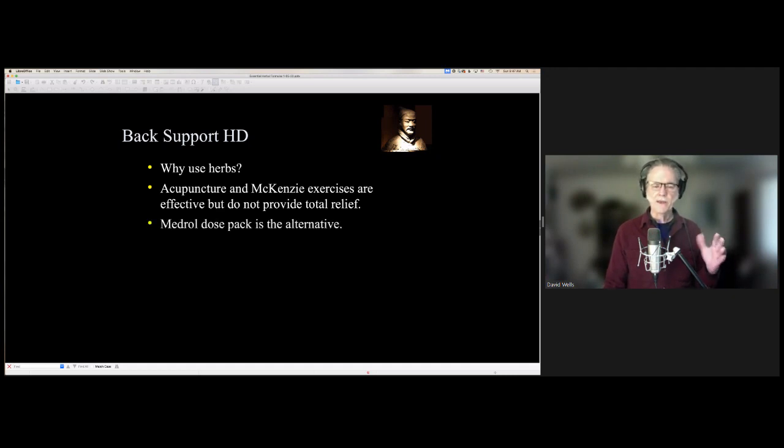And the medical alternative, which, believe me, I have called their doctor and arranged on many occasions, is a Medrol dose pack. How many people know about Medrol? It's methylprednisone. Have you had patients who've taken it, or have you taken it?